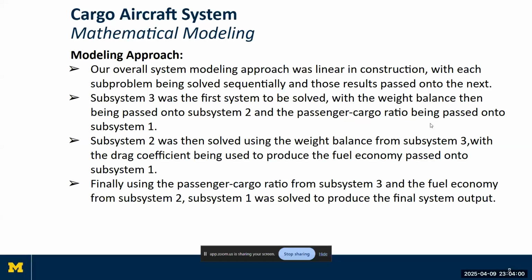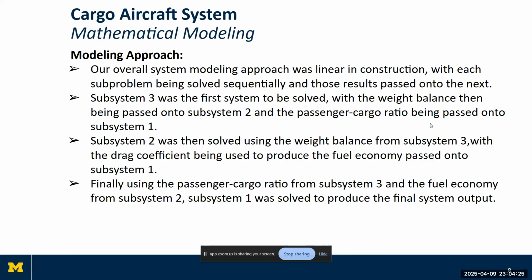So for the overall system, the optimization construction is linear. The subproblems can be solved separately, and the results will pass to each subsystem. Subsystem 3 will be the first to be solved. It will give the weight balance to subsystem 2, and also the passenger cargo ratio to subsystem 1.